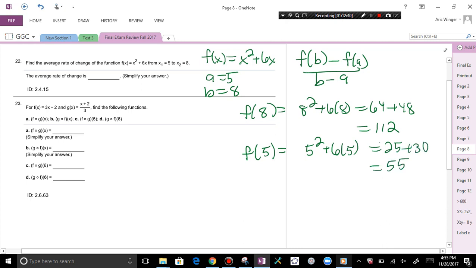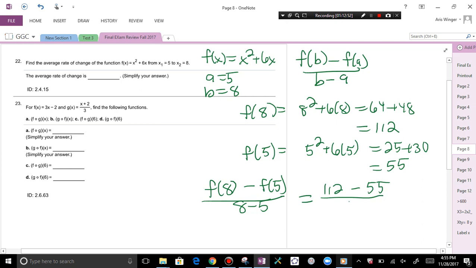Together, that's 55. f of 8 minus f of 5 all over 8 minus 5. That's just the formula. 112 minus 55 all over 3. That's 57 over 3. The answer is 19.